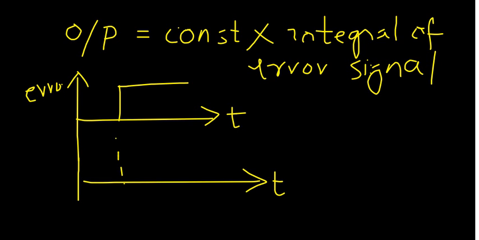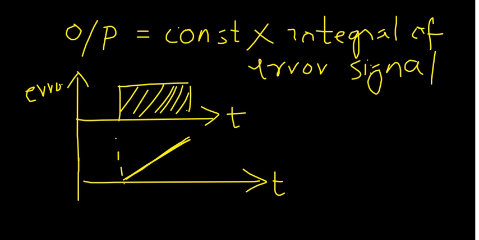So this is the better way. Whenever you take the integral of the error signal, it covers things in a better way, you are likely going to get fewer oscillations, and your control will be accurate.